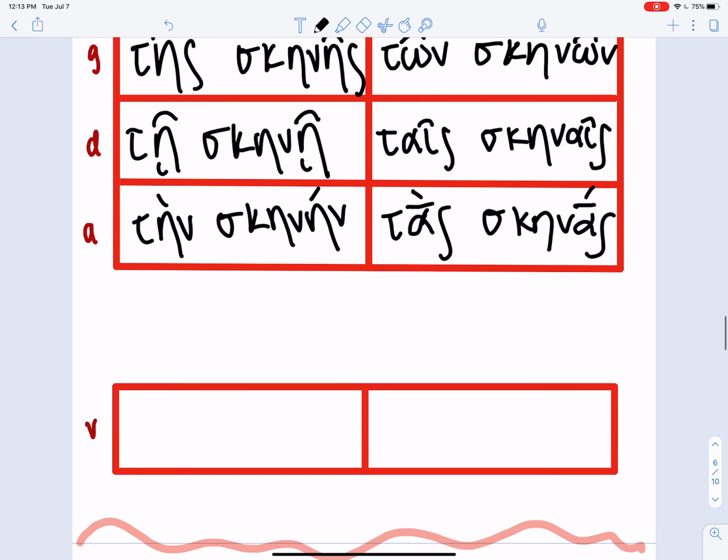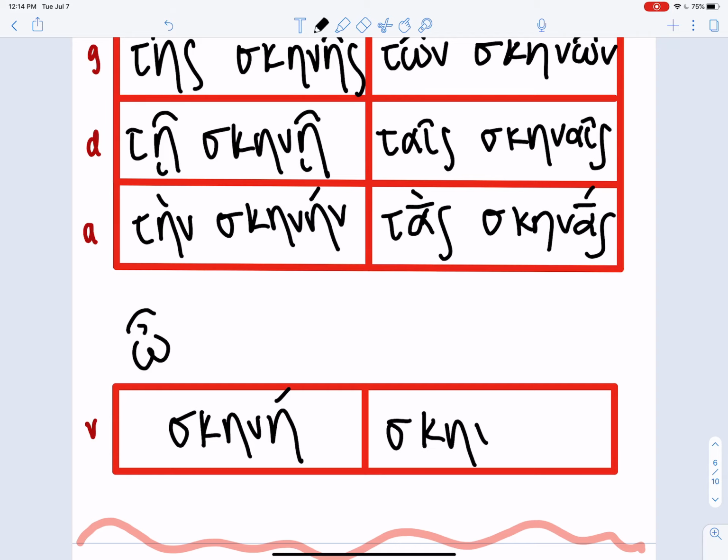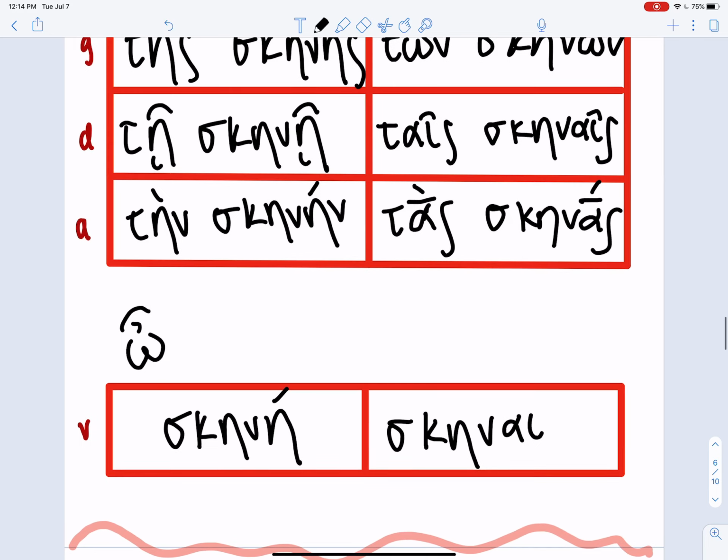Then for vocative, again, we can use this interjection if we would like, and then we just get skene, and we have an accent on the ultima, and skenai, and we have an accent on the ultima again.